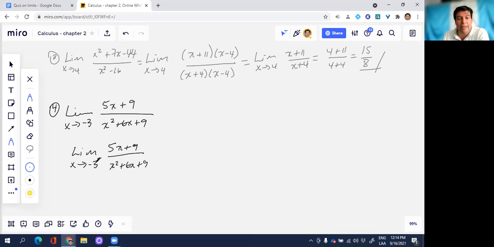A little bit before -3, that would be like -3.01. Okay, so the numerator will be negative, because 5 times -3 is -15 plus 9 is -6. So here I get negative over -3.01 squared, which is going to be positive 9 point something.